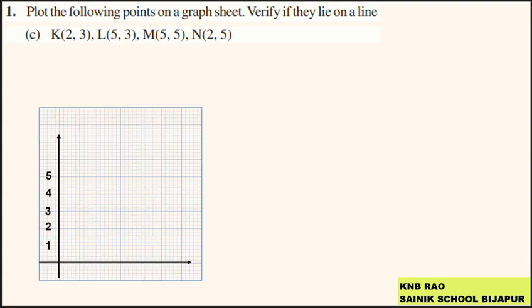We have taken the Cartesian plane first, same procedure. K (2, 3): (2, 3) is this, it is K. L (5, 3), this is L. (2, 5), this is N. M (5, 5), this is M (5, 5).